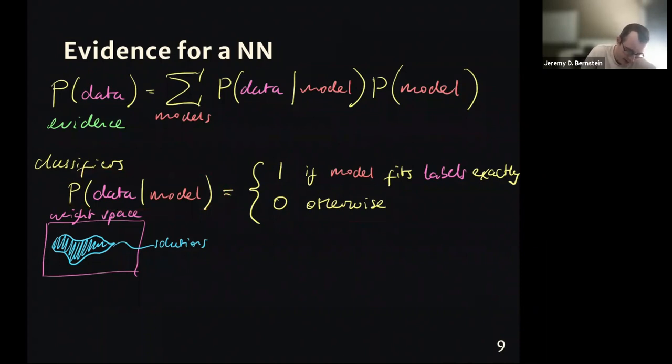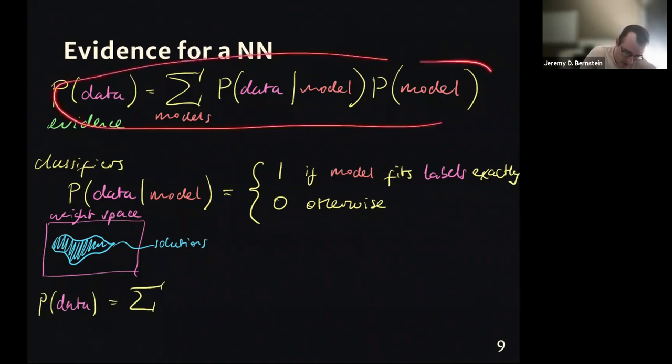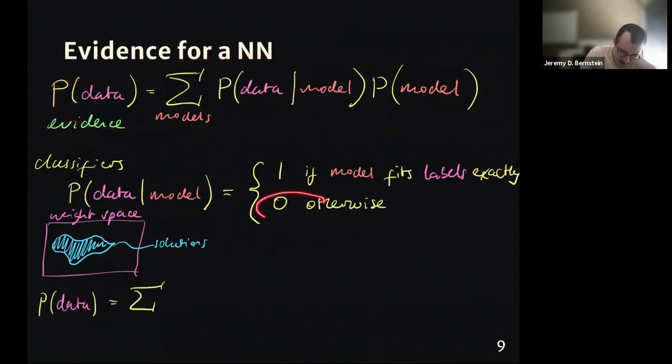and it simplifies. We find that the evidence, the probability of the data given my network architecture, is equal to the sum. We lose all of the terms from this sum where the model doesn't fit the data because these are 0.